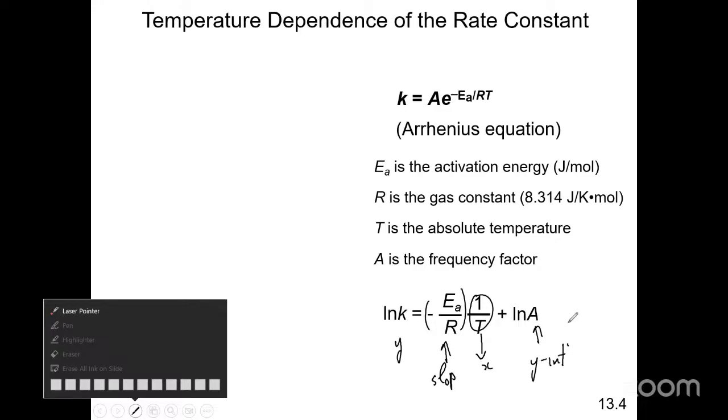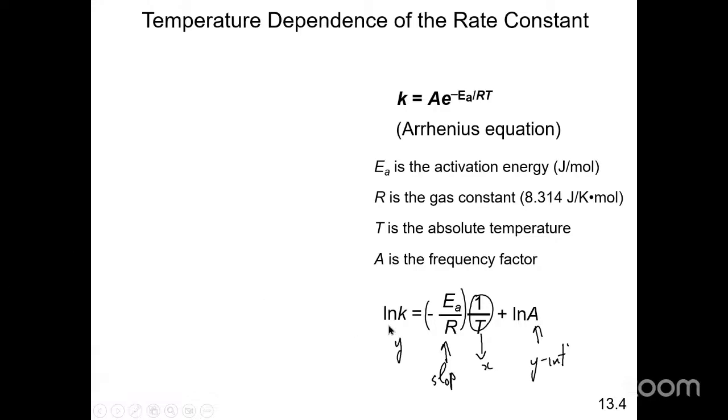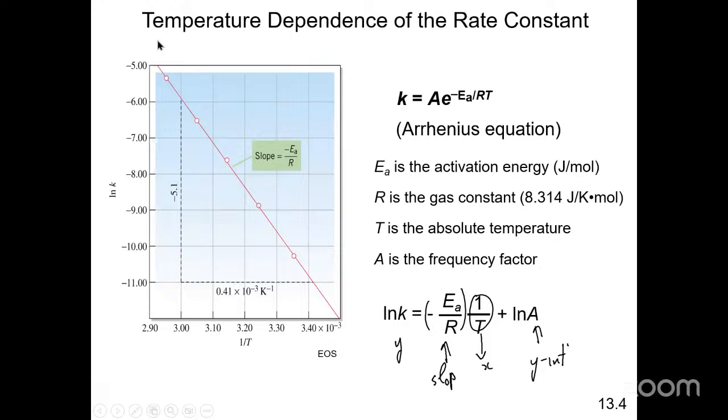So if you plot ln k versus 1/T, you get a straight line graph with a negative slope, where the slope is equal to -EA/R, and the intercept, which is not shown here, would be ln A.